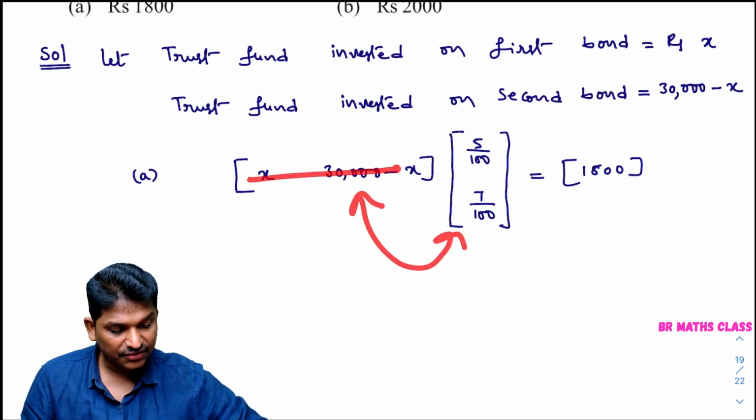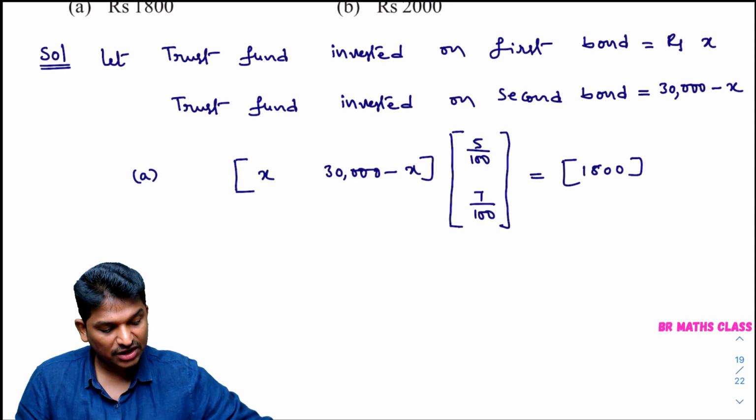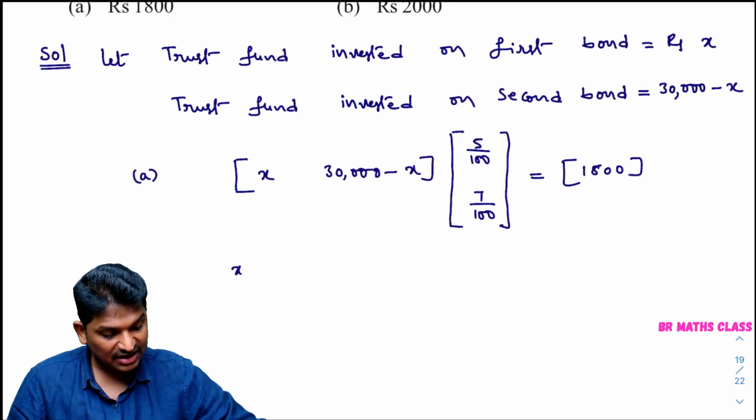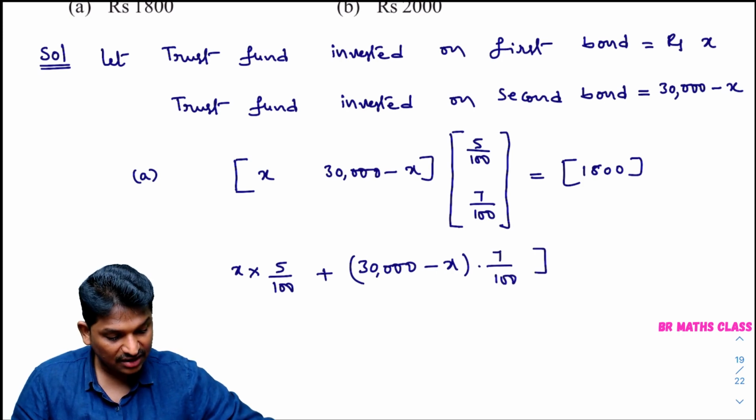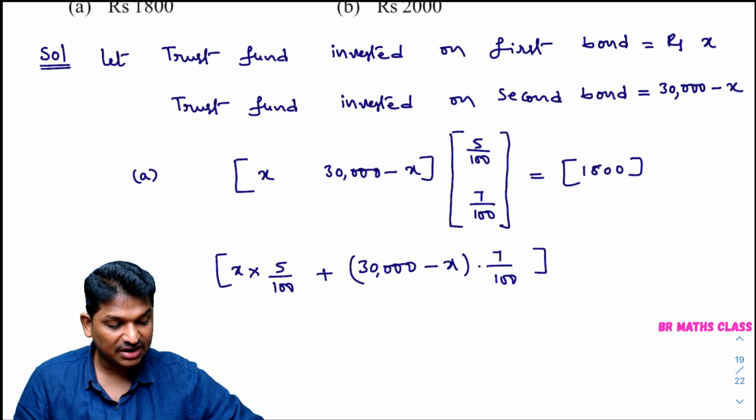So here you take the first row, first column, corresponding elements you multiply. Yes, x into 5 by 100, okay, plus 30,000 minus x into 7 by 100. This is a 1 by 1 matrix.